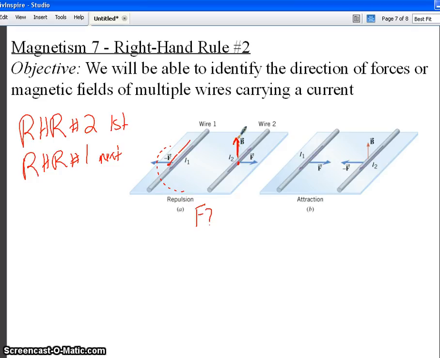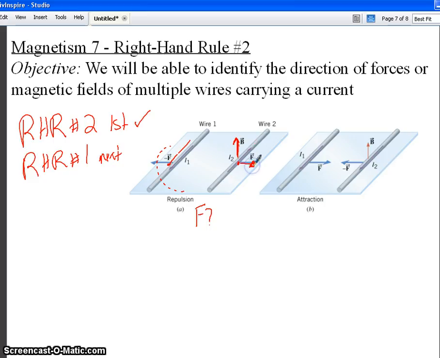So I did right-hand rule number 2 first. I'm going to do right-hand rule number 1 next. So using this wire now, I'm going to take my thumb and point it down this way. So my thumb is pointing down. My fingers are going to point straight up in the air. So my thumb is pointing down, my fingers are pointing straight up in the air, my palm is facing outward, or it's facing this way.